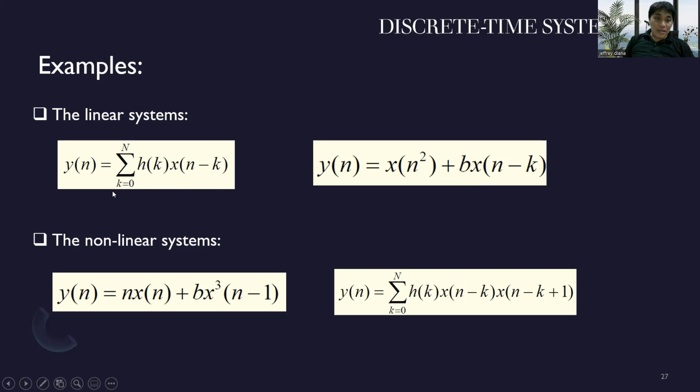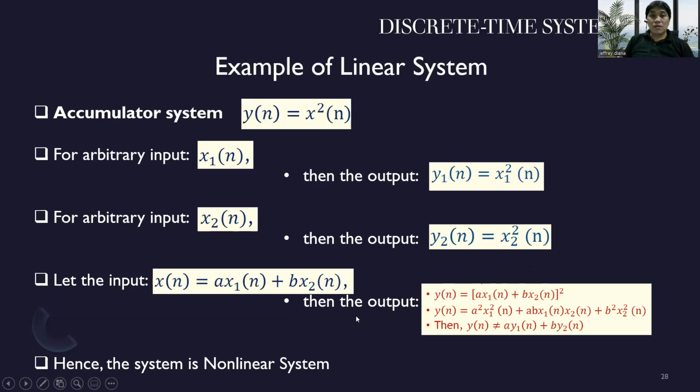For the formula of nonlinear systems, y[n] = n x[n] + b x^3[n - 1]. In other formula, y[n] = summation of k = 0 to the big N, h[k] multiplied by x[n - k] multiplied by x[n - k + 1] for the non-linear systems.